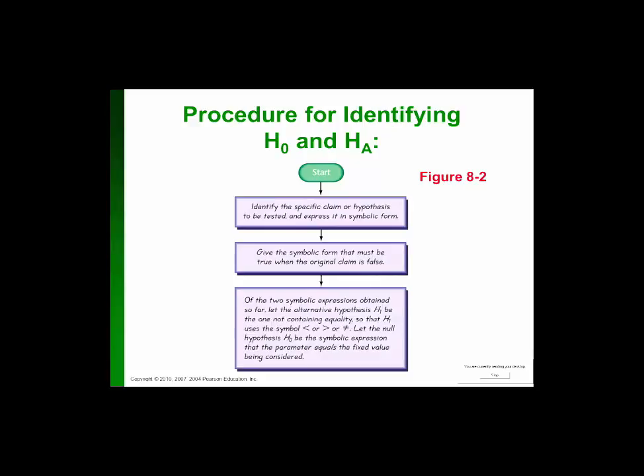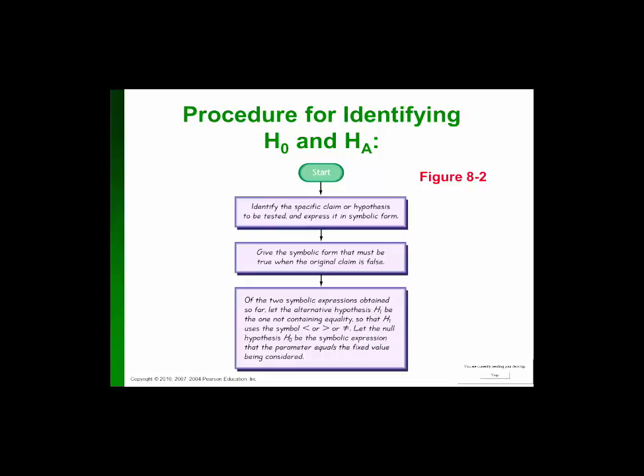Second, you give the symbolic form that must be true when the original claim is false. So, if the claim by IVF is P is greater than 0.5, what would be true if that is false? We're talking about two subsets, something and its complement.